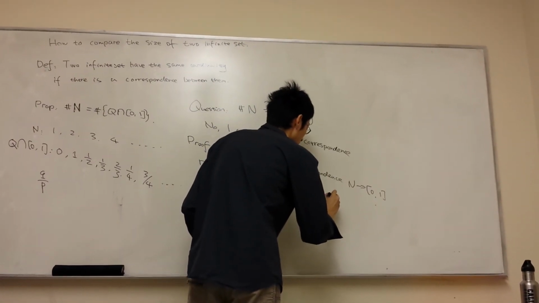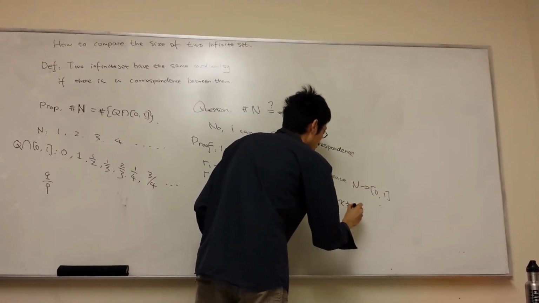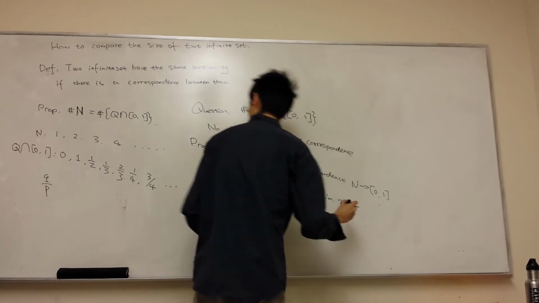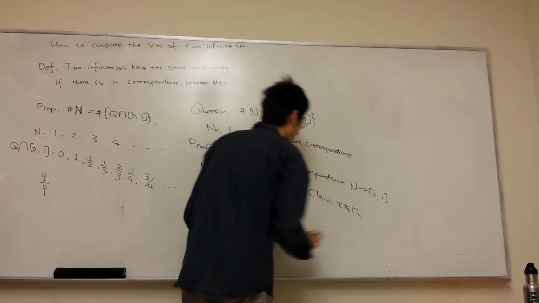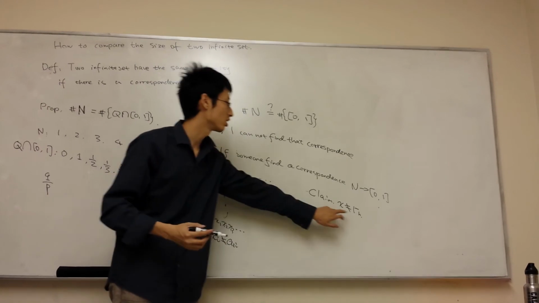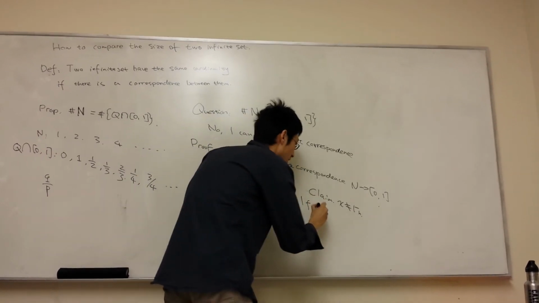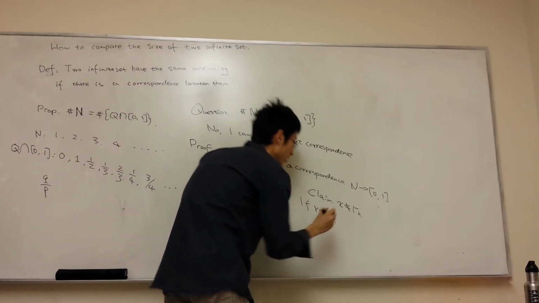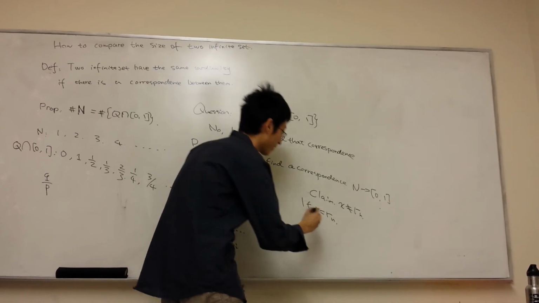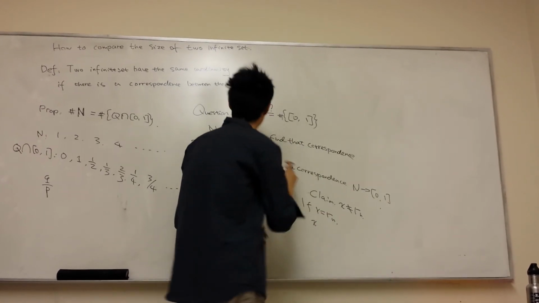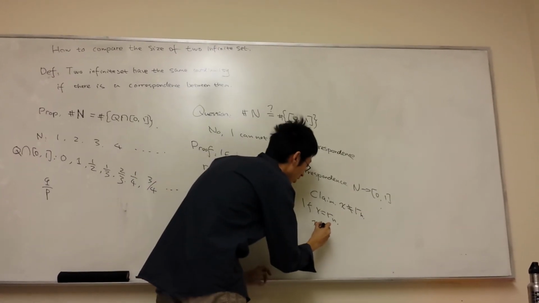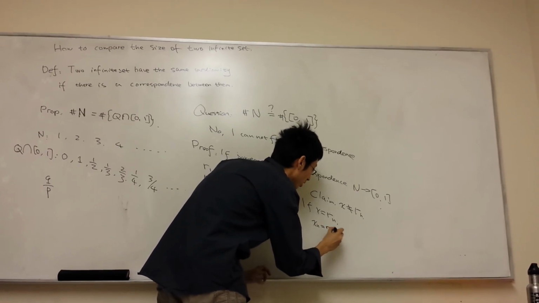Claim: x is not equal to any r_n. Because if x equals some r_n, we have x_n equal to a_nn.